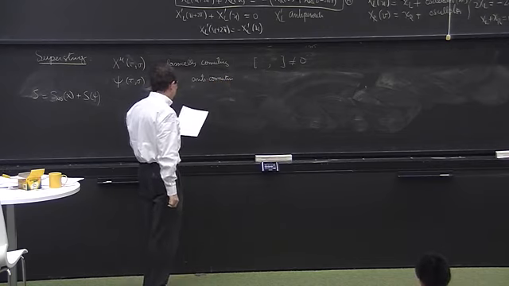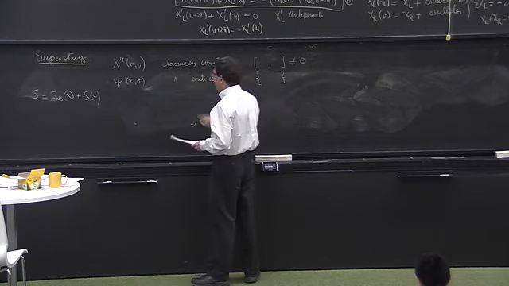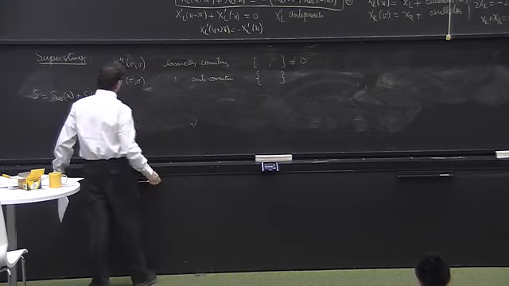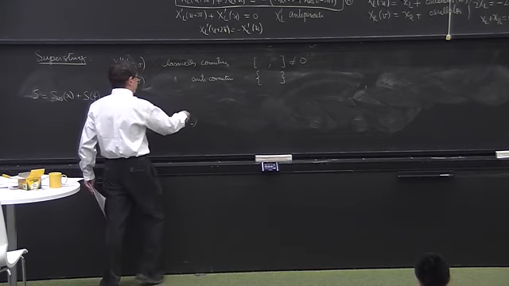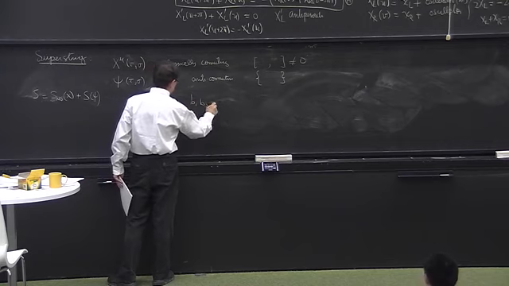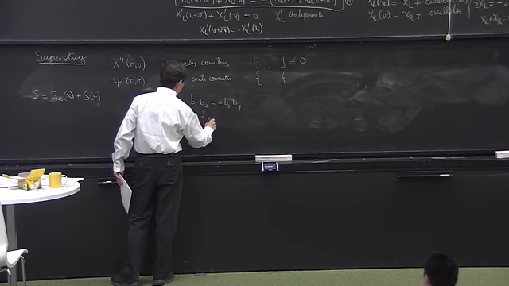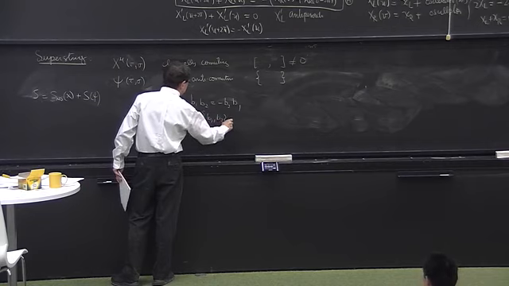So classically, the anti-commutators would be zero. Any anti-commuting objects, say two of them, B1 and B2, are classically anti-commuting, so B1 B2 is equal to minus B2 B1, which is to say the anti-commutator is zero.